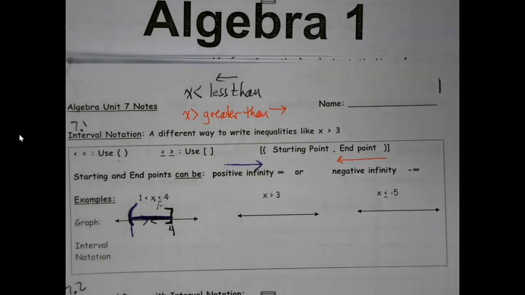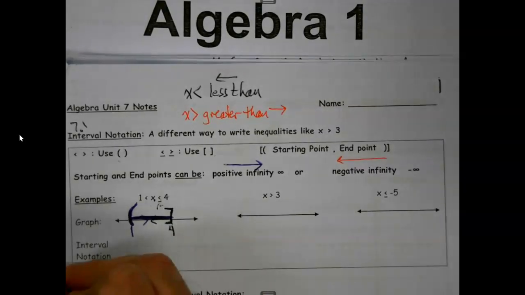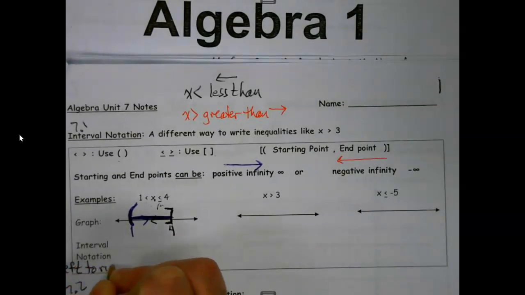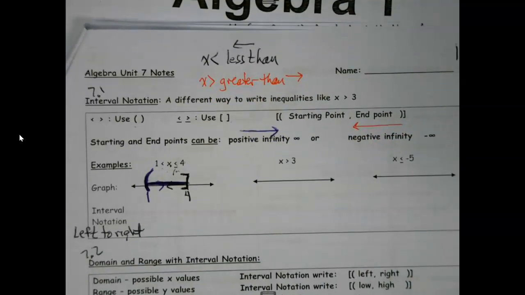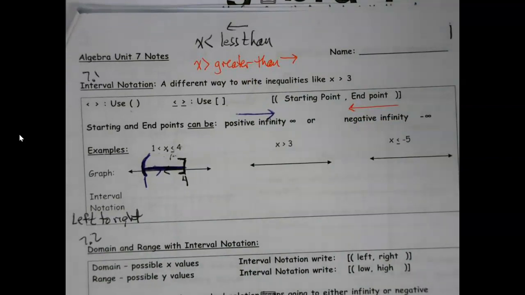And so when I go to do the interval notation, that always gets done looking at my graph from left to right. So all I have to do here is say, okay, where's my graph start on the left?